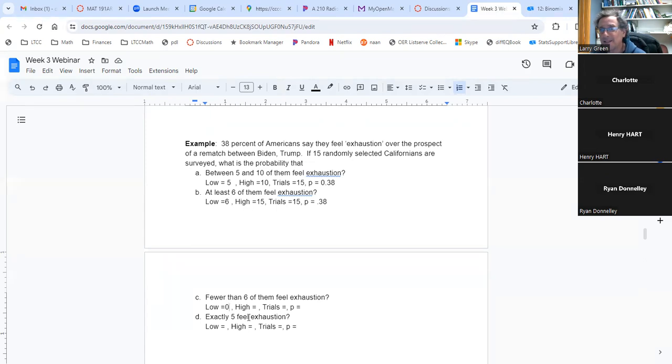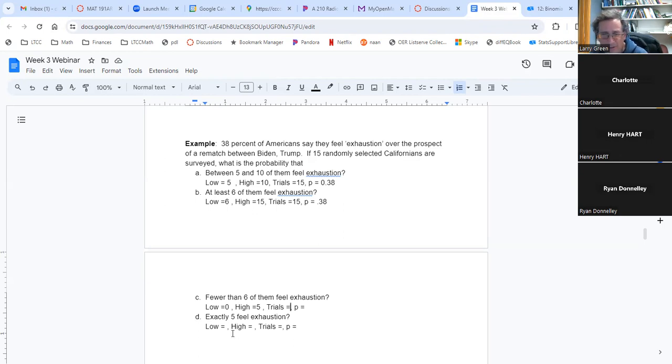Not 1. Notice 2 is fewer than 6. That could have happened. 5. 5 is the highest number that could have happened that is fewer than 6. One of the hardest parts about this binomial stuff is to come up with the low and the high based on the wording. Number of trials is the same.